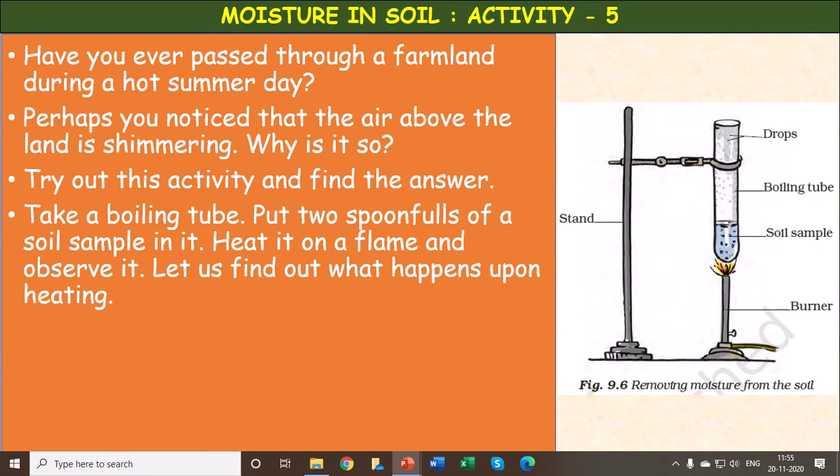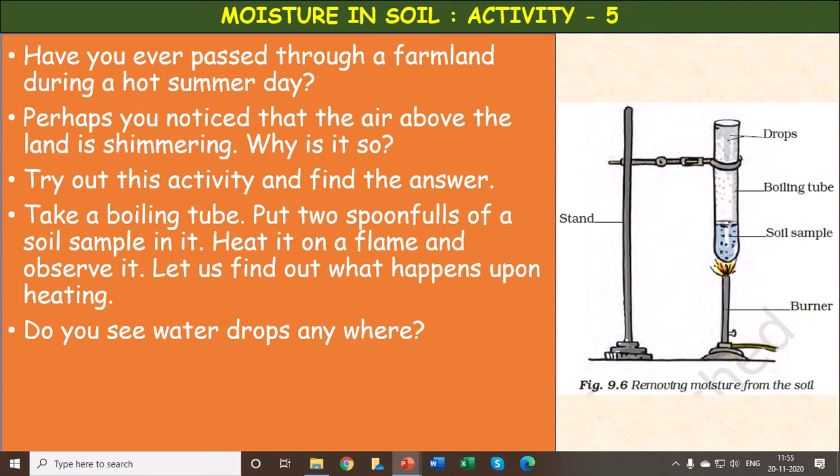Let us find out what happens upon heating. So this is the setup. Here the stand and a Bunsen burner. The test tube, soil sample is taken. We are not adding any water. Simply start heating.